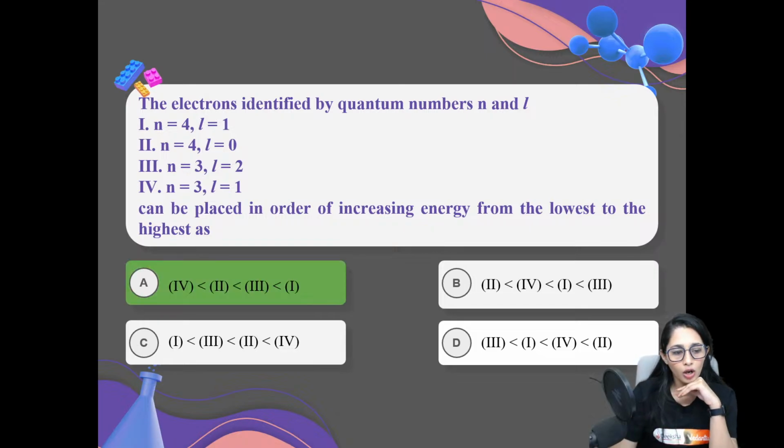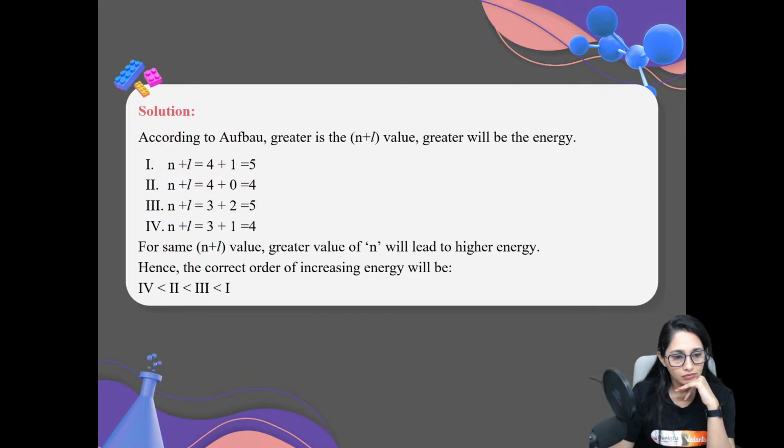What is the answer? Option A is the answer. See here, according to the Bohr principle, greater is the n plus L value, greater will be the energy. So you have to count. Only then you will know the answer. For the same n plus L value, greater the value of n will lead to higher energy.